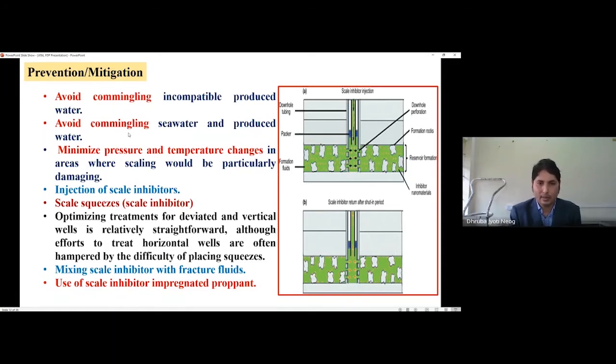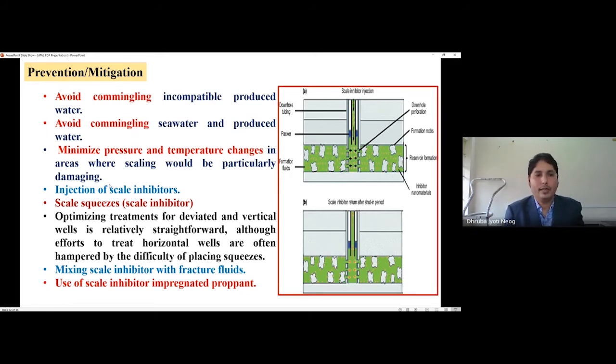Therefore, it is required to avoid commingling of seawater and produced water. Third is minimizing pressure and temperature changes in areas where scaling would be particularly damaging. This is required for maintaining the solubility of the scale generating minerals. Whenever there is fluctuation in the pressure and temperature of the well fluid, it often results in scaling issues if scaling minerals are present and water injection is the recovery process.